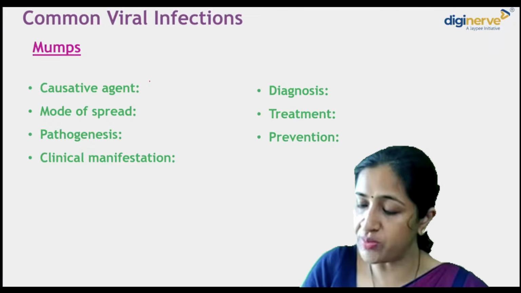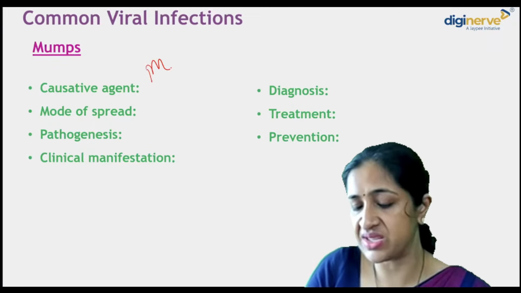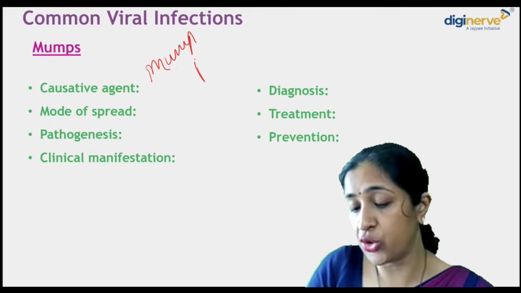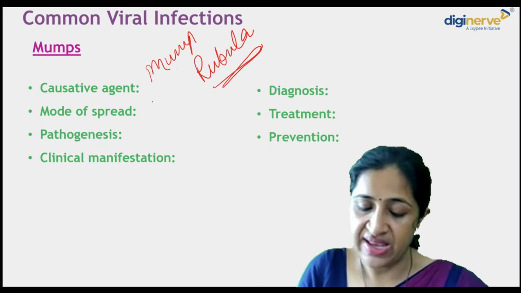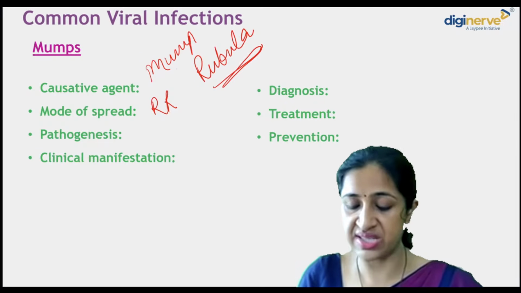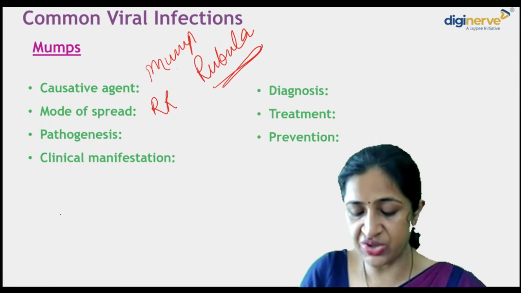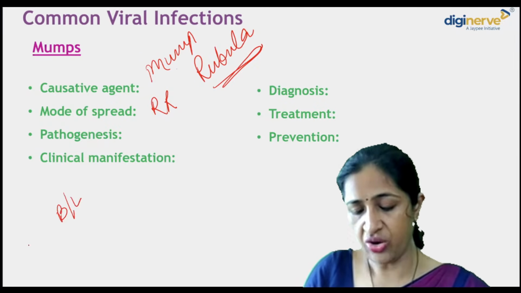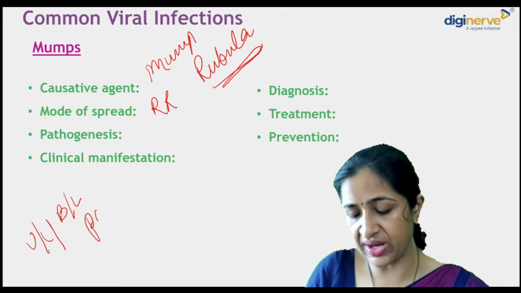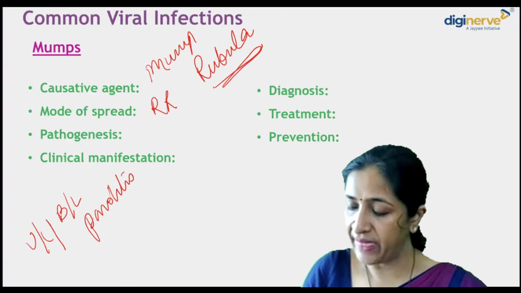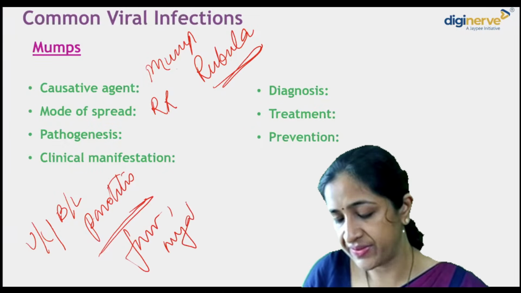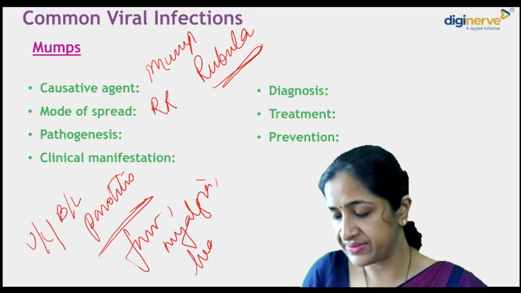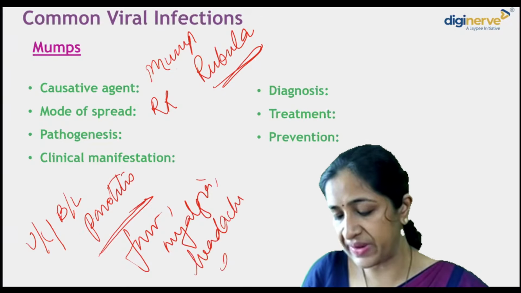Mumps, you all know, causative agent, mumps virus, which again is a paramyxoviridae. Respiratory spread, pathogenesis is the same. Clinical manifestation, you have unilateral or bilateral parotitis with fever, myalgia, headache, and ear pain.